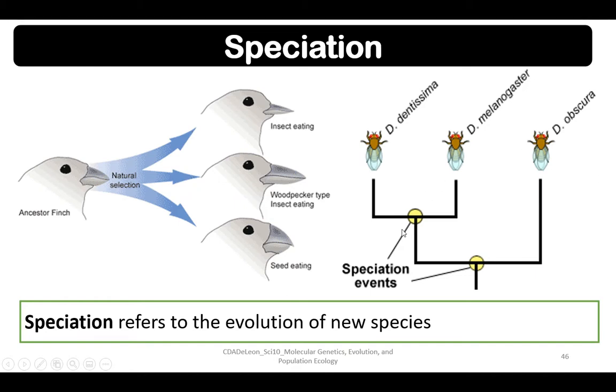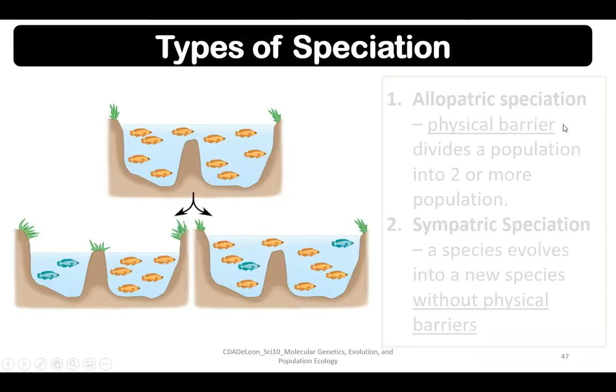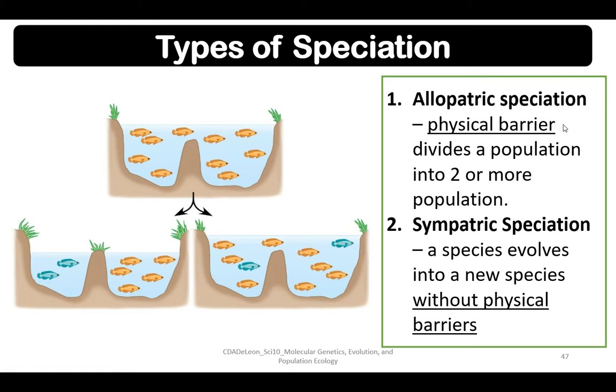In this illustration naman, we have speciation events that give rise to different species of fruit flies. So we have two types of speciation. First is allopatric. When you say allopatric, there's a physical barrier that divides a population into two or more populations.